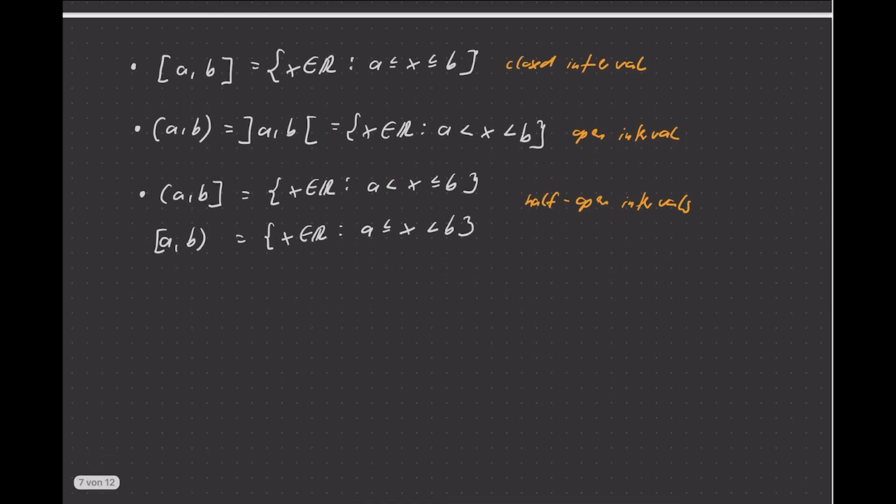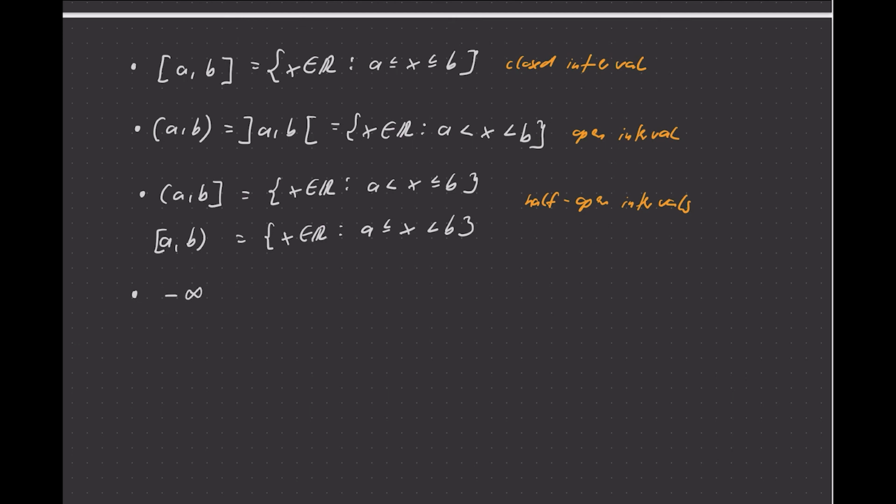And finally, one special case of this would be to have one of those boundaries infinity or minus infinity. That side by convention is always open, simply because infinity is not strictly a number.